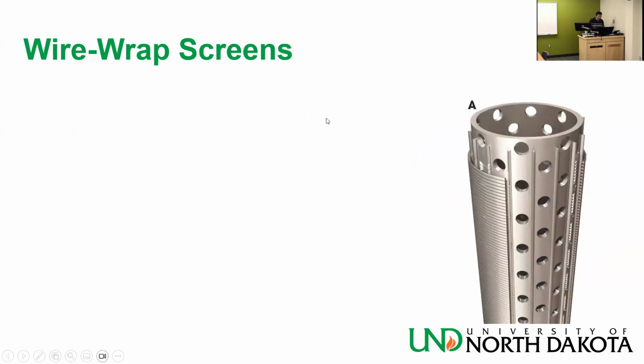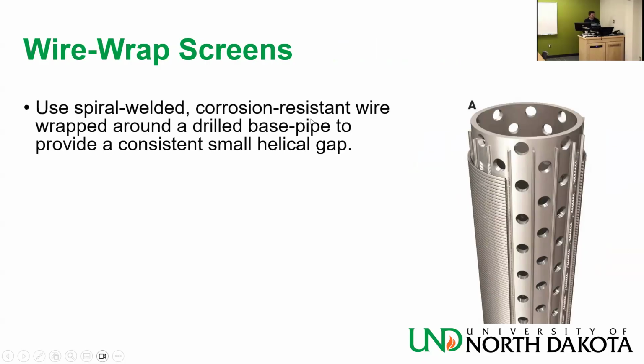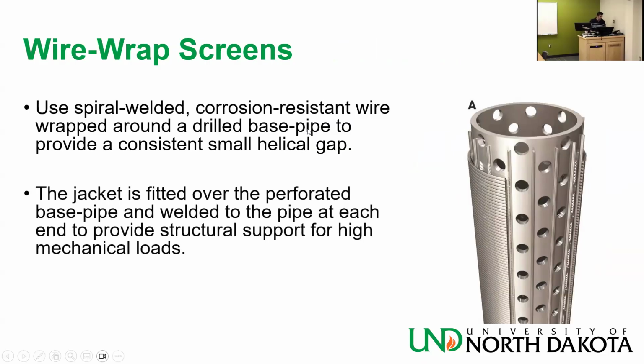Wire wrap screen. Use a spiral welded corrosion resistant wire wrapped around a drilled base pipe to provide a consistent small helical gap. The jacket is fitted over the perforated base pipe and welded to the pipe at each end to provide structural support for high mechanical loads.